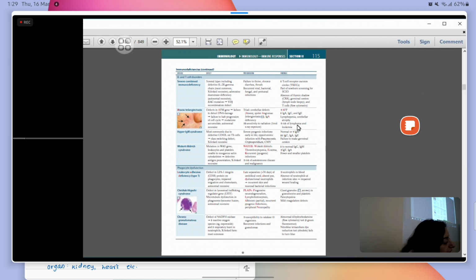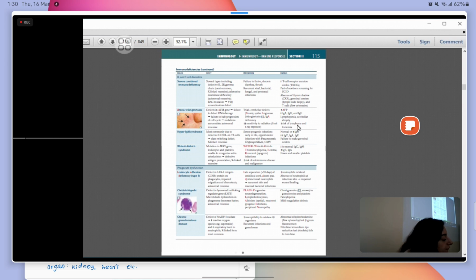So in severe combined immunodeficiency, you have a problem with both T and B lymphocytes. Because of that, you have recurrent infections of all types. What do I mean? Fungal infections, viral infections, parasitic infections, bacterial infections, all types of infections.